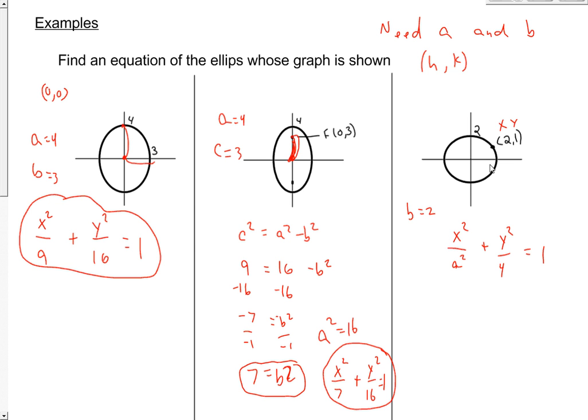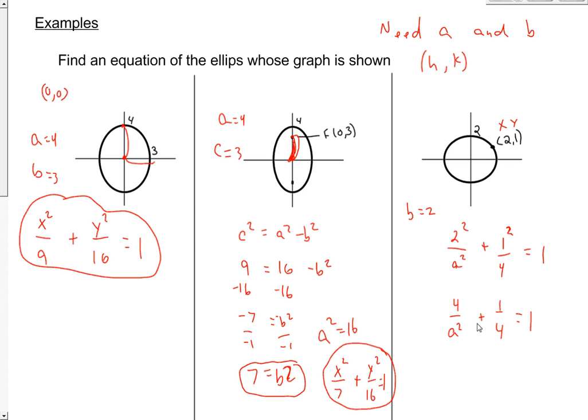So my x I'm going to replace with 2, so I have 2 squared. My y is going to be replaced with a 1, so I have 1 squared. That gives us 4 over a squared plus 1 over 4 equals 1.